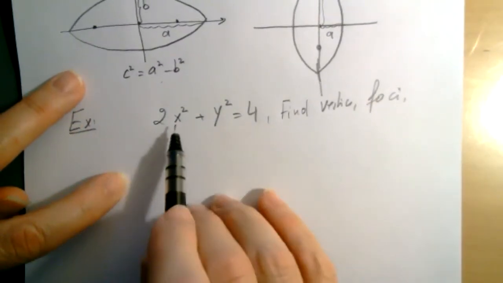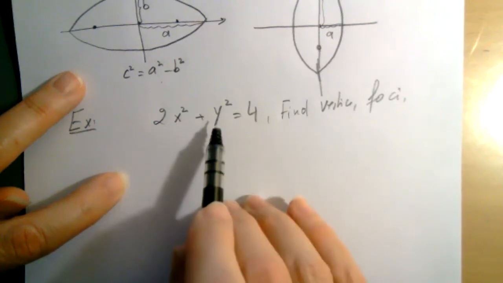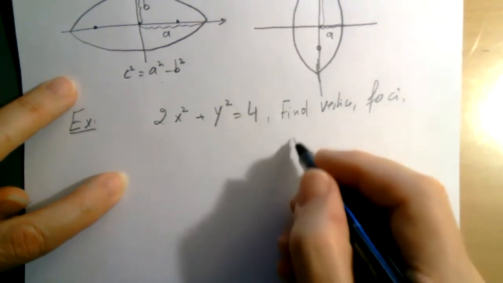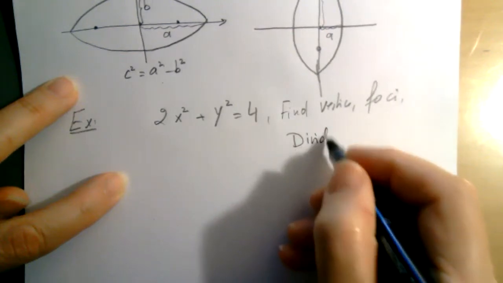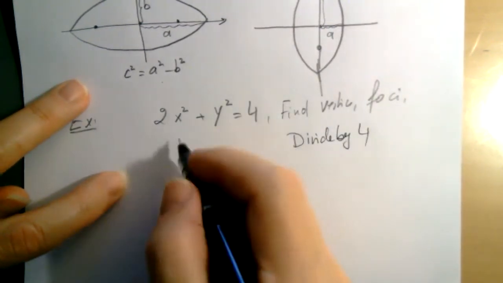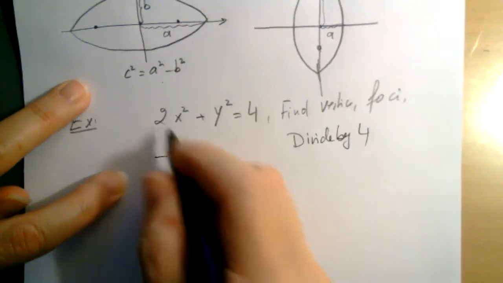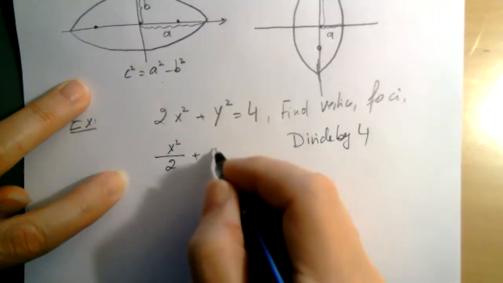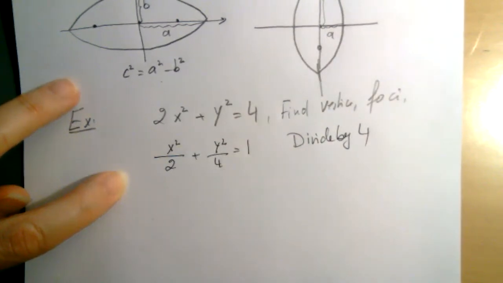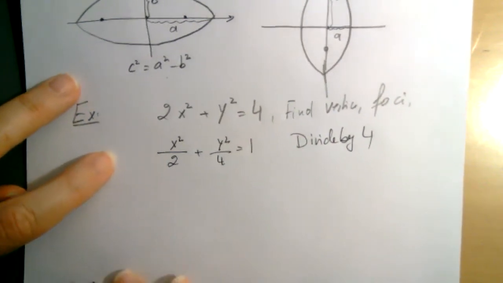It means I want the format x squared over a squared plus y squared over b squared equal to 1. To do that, we first divide by 4, and then go from there. If I divide by 4, this gives me over 2, and the right side gives me a 1. That's the standard format we're talking about.